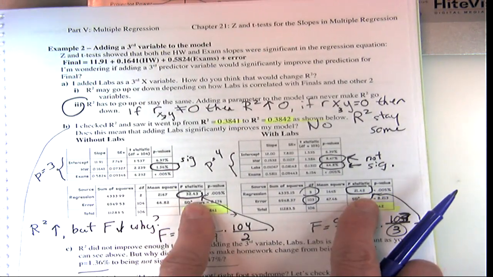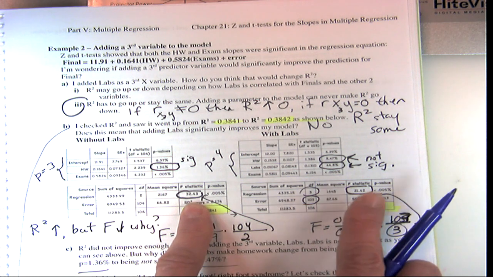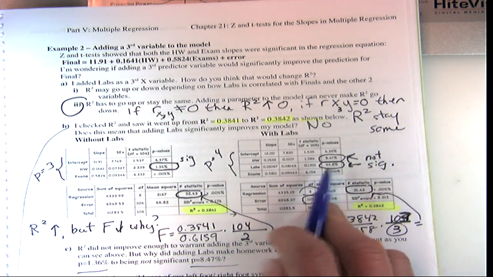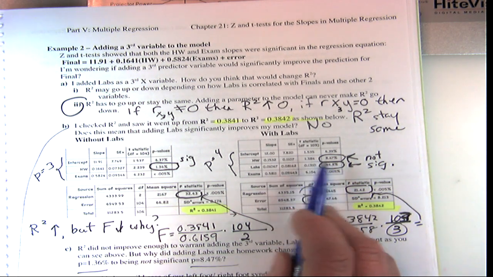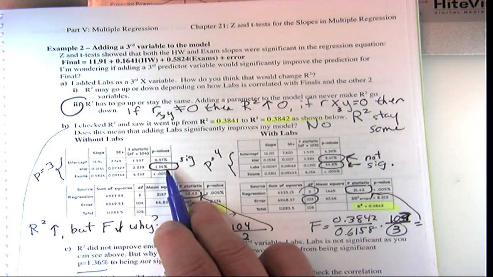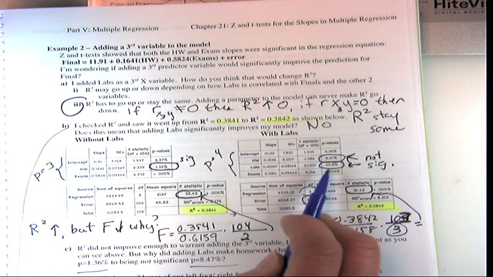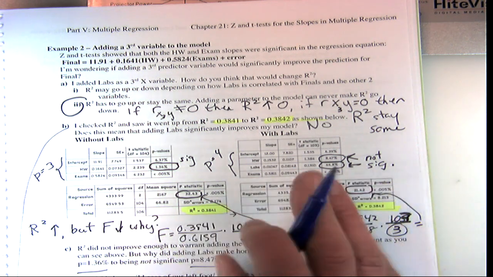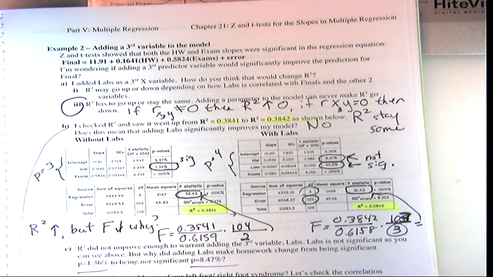Our F statistic went down, so we didn't have as much significance in the model. And homework, which had previously been significant, turned not significant. So we said, okay, that's not helpful, to add this third parameter.